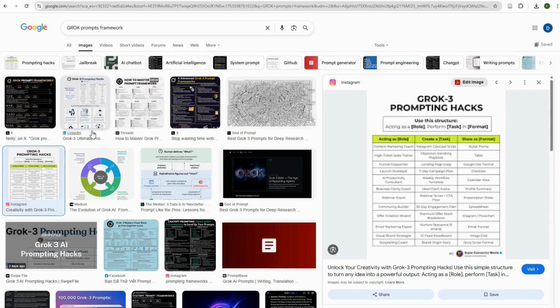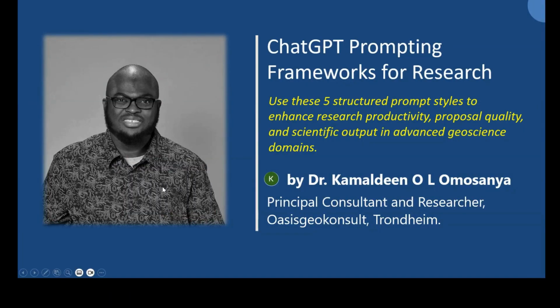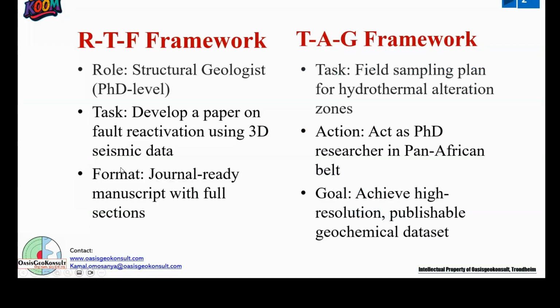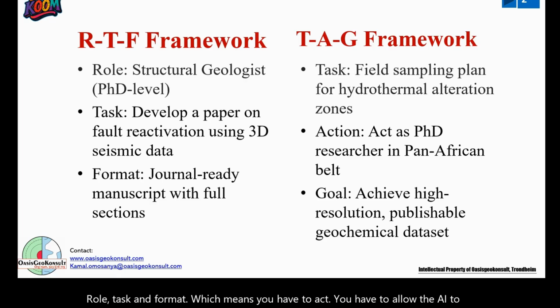But I found these five frameworks quite useful. The first one that we'll be looking at is what I call the RTF framework, which simply translates to role, task, and format, which means you allow the AI to assume a role, then you give it a task, and then you follow it up with a format.